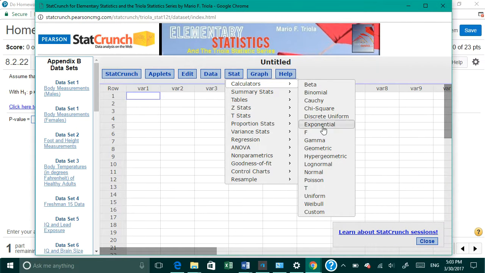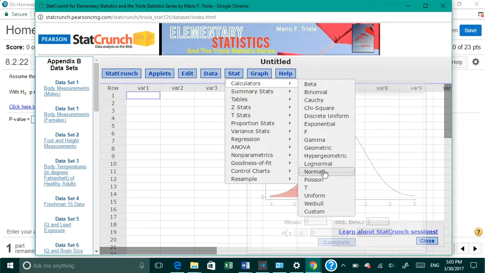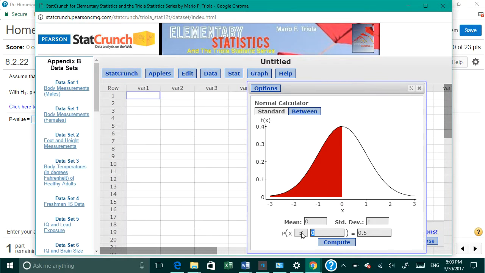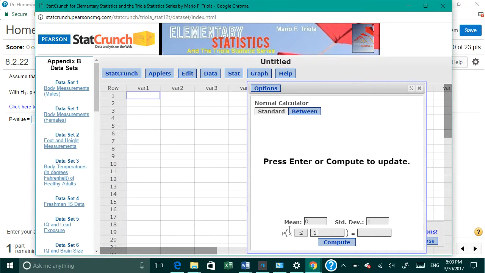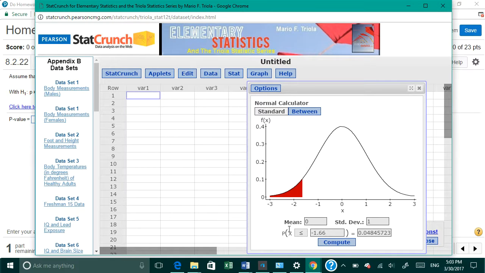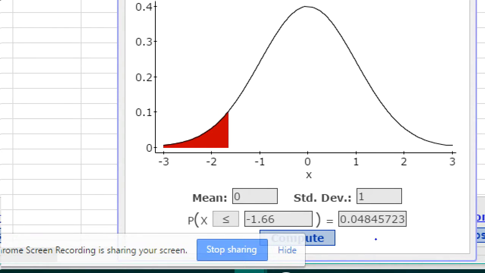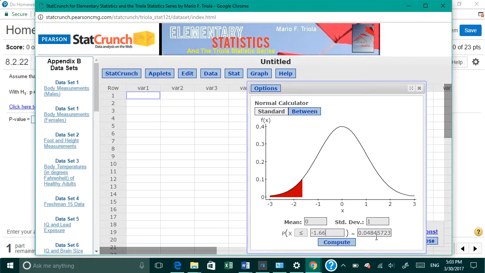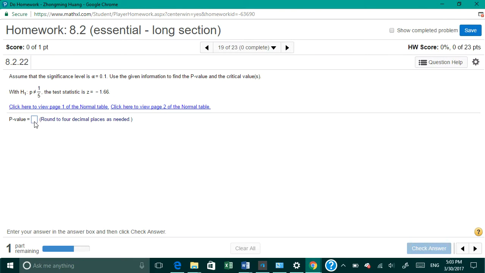So now I go to the normal distribution calculator. It says negative 1.66, right? Now that's what I have. 0.0485. This is the area to the left. Actually, we just need to keep 4 decimals. So 0.0485, and you double it to get the p-value.